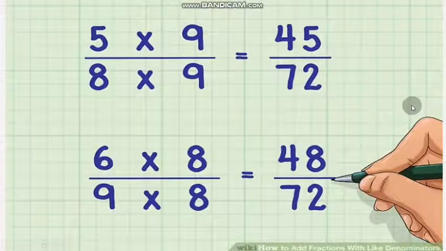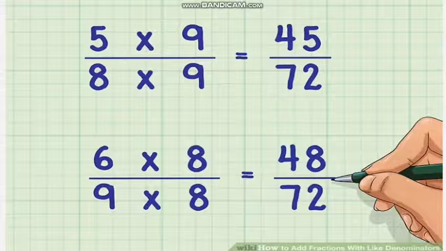Next, multiply the fractions to achieve the least common multiple. Multiply each denominator by the correct number to achieve the common denominator. Remember that whatever you do to each denominator, you must also do to its numerator.